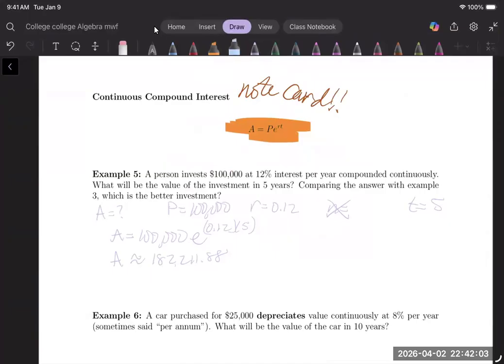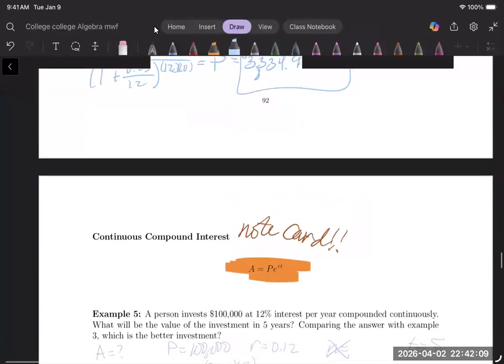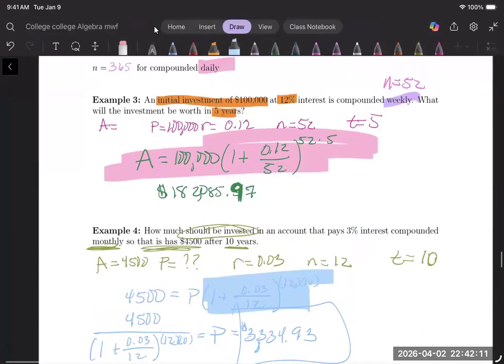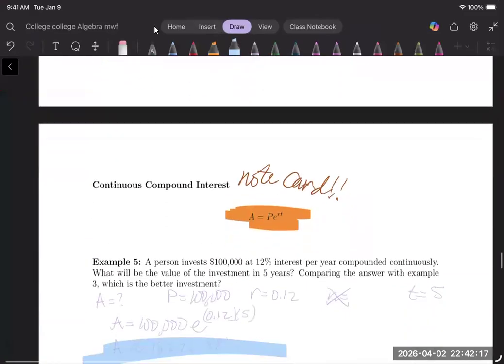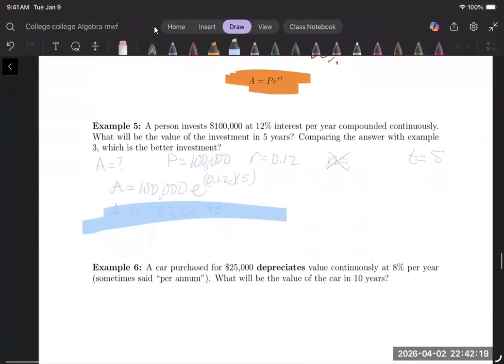So now we're comparing $182,211.88 to what we got in 3, which was $182,085.97. So this one is the better option, right?